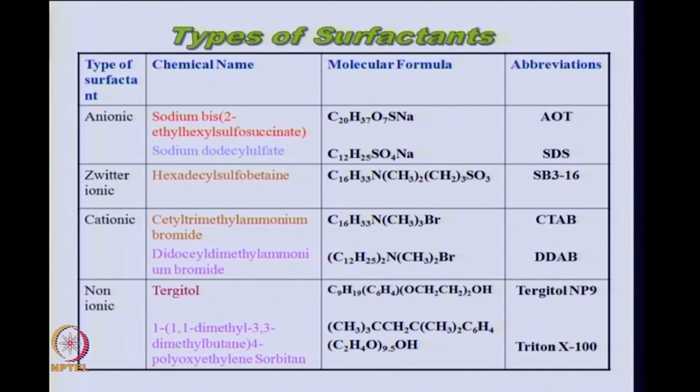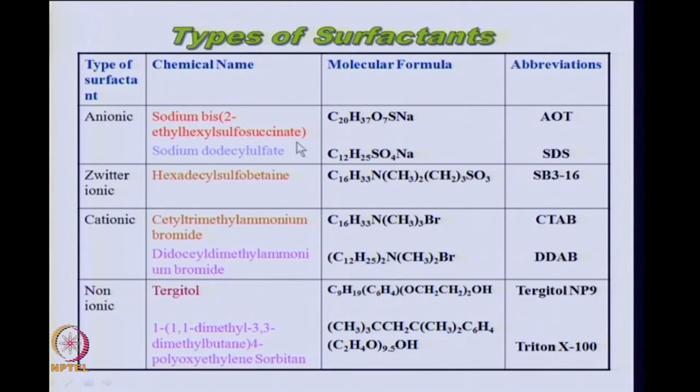Now, there are varieties of surfactants. For example, you can have anionic surfactants. For example, SDS in short, which is sodium dodecyl sulphate, with the molecular formula given here, or you can have something which is called sodium bis 2 ethyl hexyl sulfosuccinate, and that formula is given here, and its commercial name is AOT.